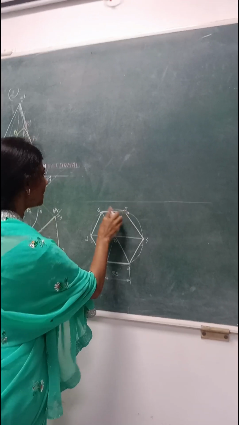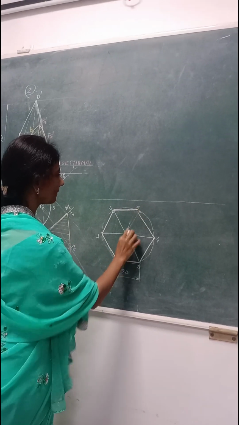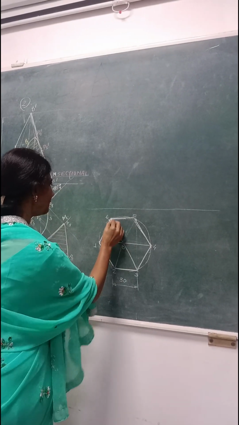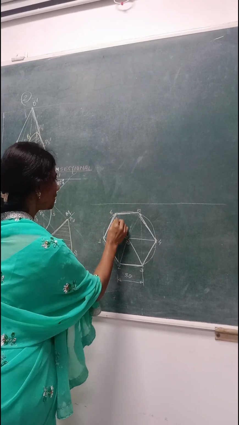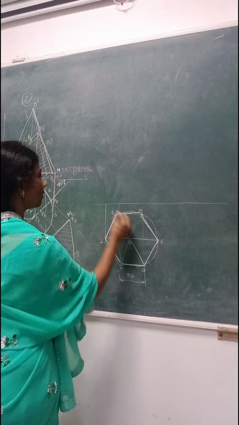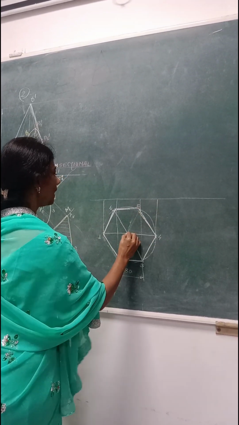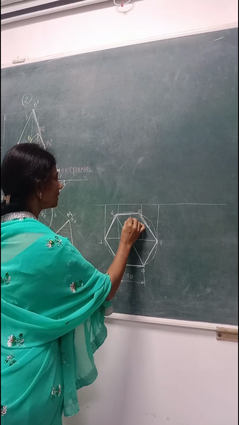Then after that I will be taking projections of each point. Projection of 2 and 6, projection of 1, projection of 3 and 5 and projection of 4, as well as projection of, this is which point?